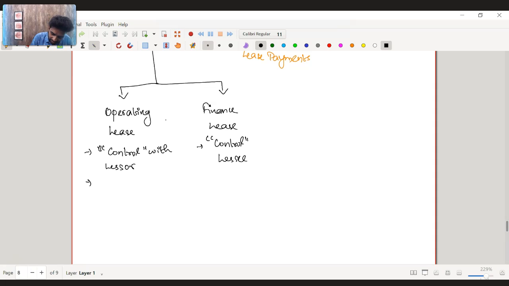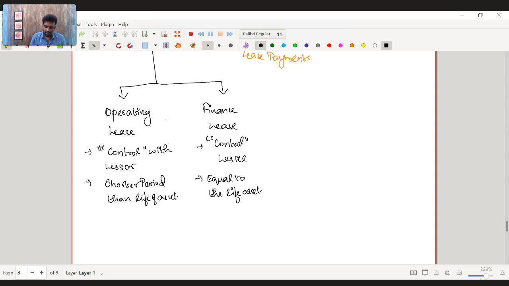An operating lease will be for a shorter period of time compared to the life of the asset, but a finance lease will be for a period substantially equal to the life of the asset. Now when it comes to an operating lease, the lease payments go directly to income in P&L, and the asset will be shown in the statement of financial position.